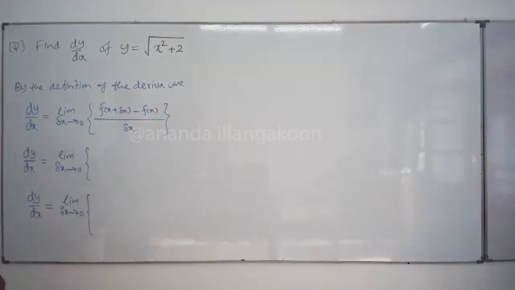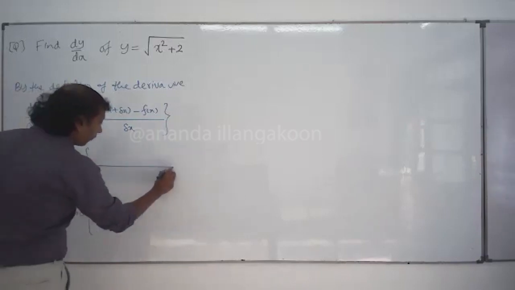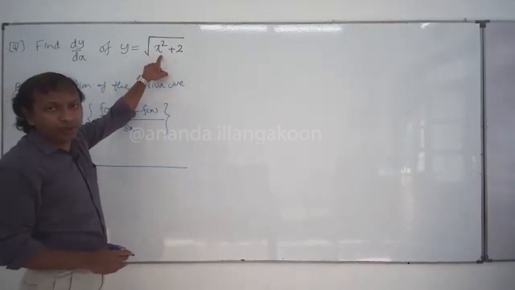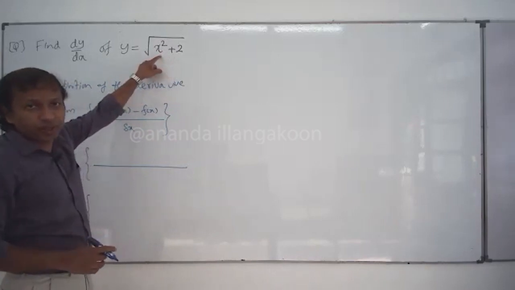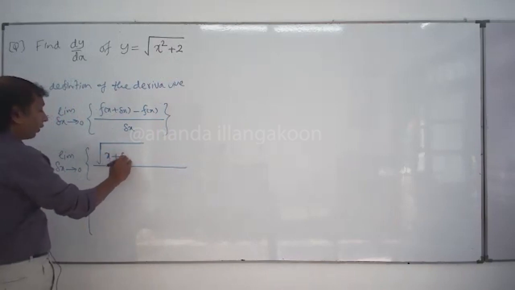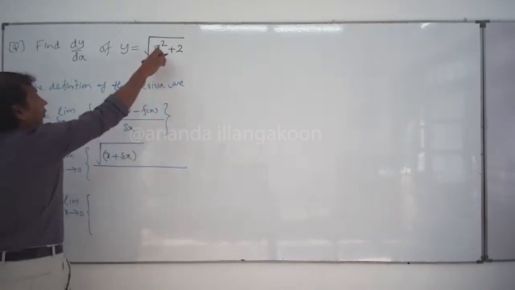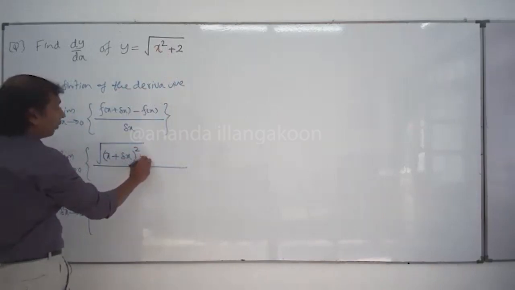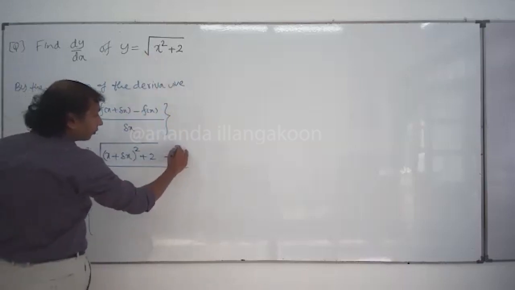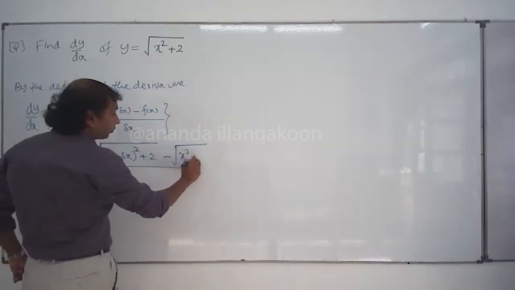Right. Now here, again, we can start from the definition of a derivative. What is that, people, now? f(x plus delta x) means what? The right hand side, wherever you have x, for every x, we write x plus delta x. That's the meaning. Square root of every x, we must write as x plus delta x. Here we have x squared, therefore x plus delta x squared plus 2, minus f(x) means the same thing, right? x squared plus 2.